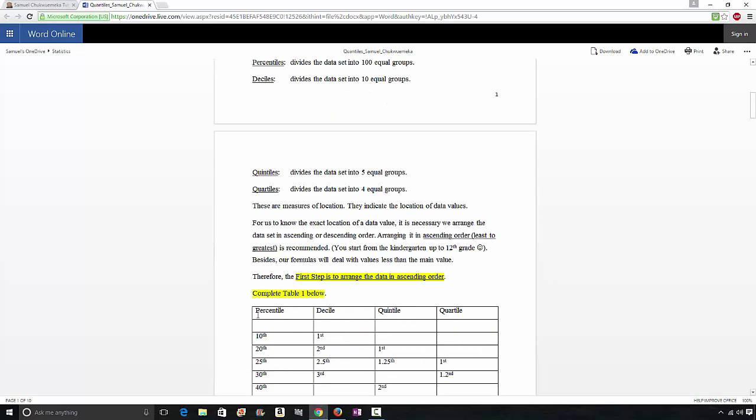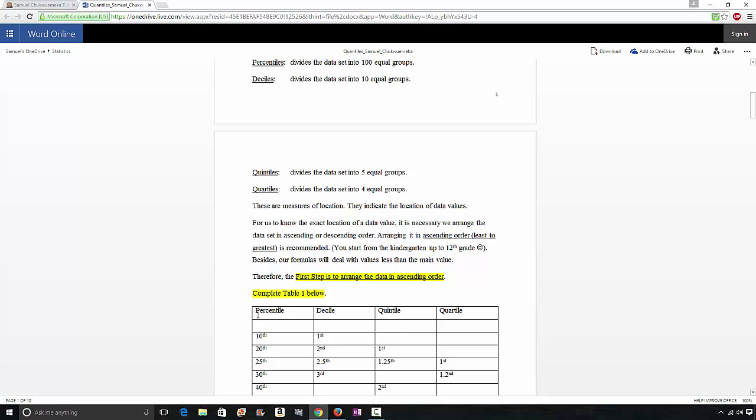For us to know the exact location of a data value, we really need to arrange the data set in ascending order. You can also do it in descending order, but you want to do it in ascending order. Why? Because ordinarily you start from small till you grow big. You start from kindergarten, then the 1st grade, the 2nd grade.